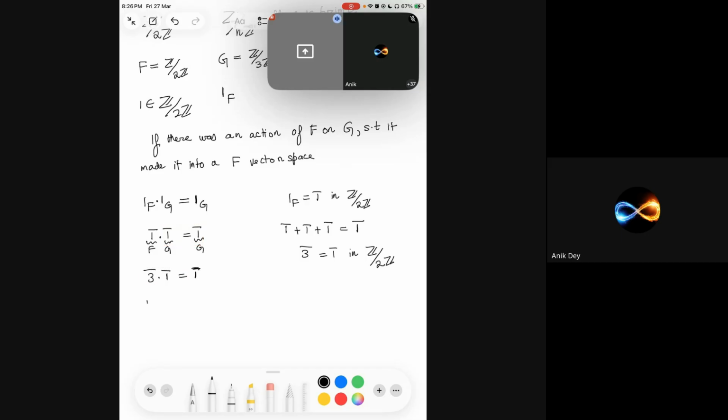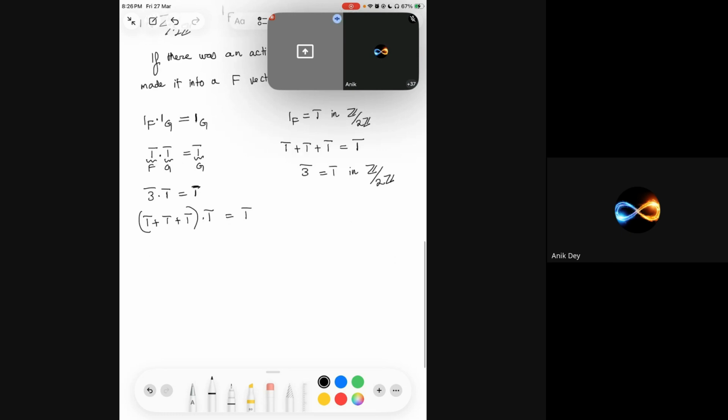But 3 bar is nothing but 1 bar plus 1 bar plus 1 bar, which is equal to 1 bar. Now use the distributive law of the vector space axiom. This is equal to 1 bar plus 1 bar plus 1 bar. Now everything is in the group, so this is equal to 3 bar.